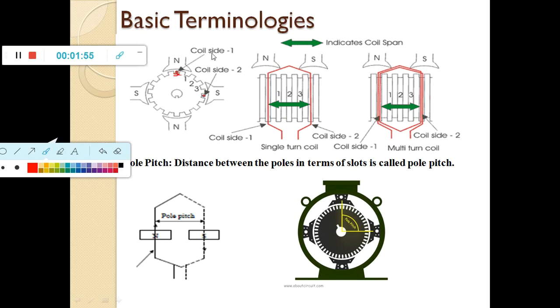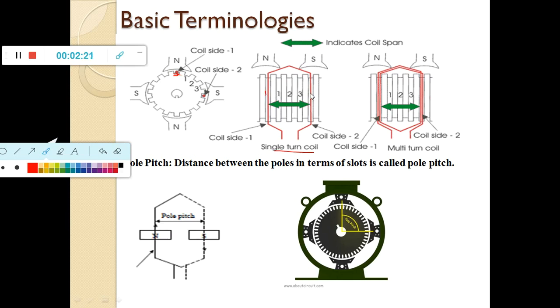The conductors are usually placed within the slots, and if you connect one conductor in one slot with another conductor placed in another slot, then it forms a single-turn coil. It means if you want to have a single-turn coil, you need conductor 1 and conductor 2.